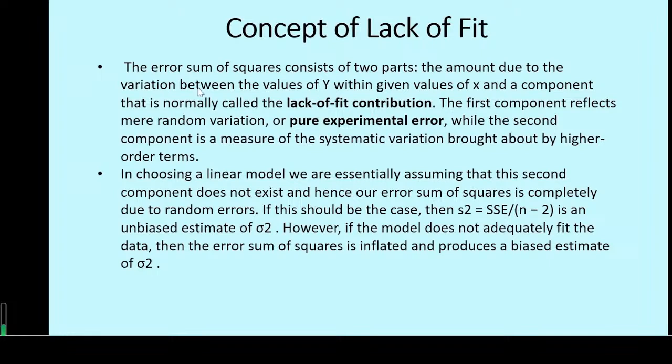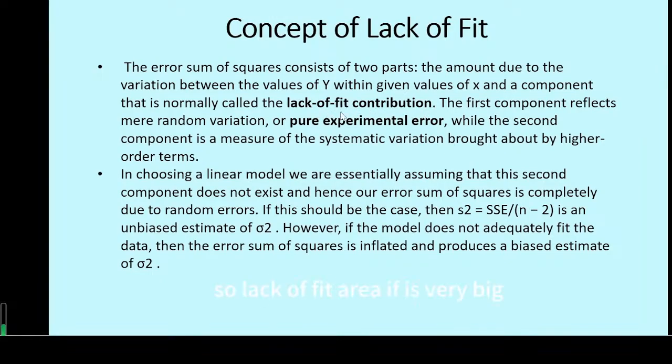In linear regression, we get the fitted model, the fitted line, and we have the real observations. The difference between these two is called the error term. And actually this error term is a combination of pure experimental error and another term called lack of fit contribution.